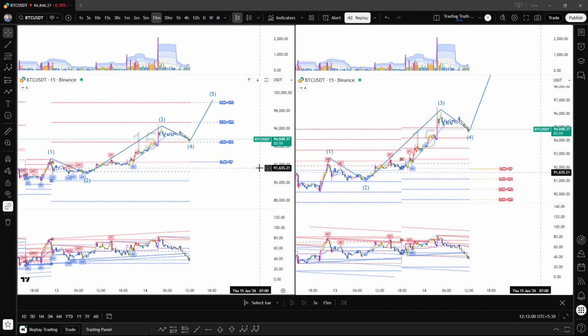And Wyckoff used to say that there is no substitution for human judgment when it comes to trading. All right, and if you have used AI algorithms and anything else, you know what I'm talking about.